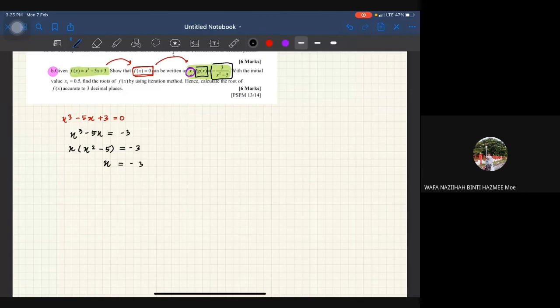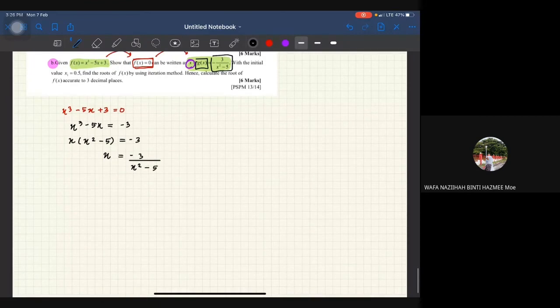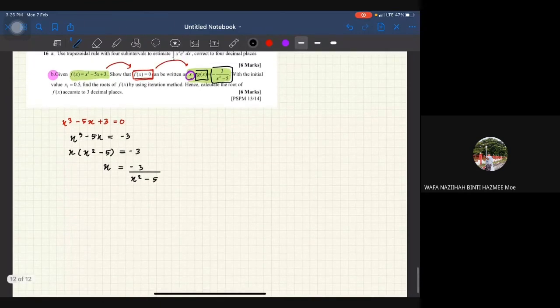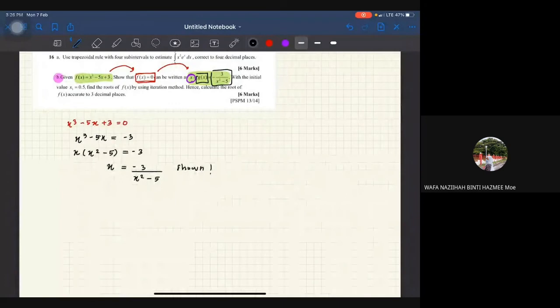So x equals -3 over x squared minus 5. Settle. Kita dah proofkan sama. Ni dengan ni dah sama. Shown. Itu adalah first part.